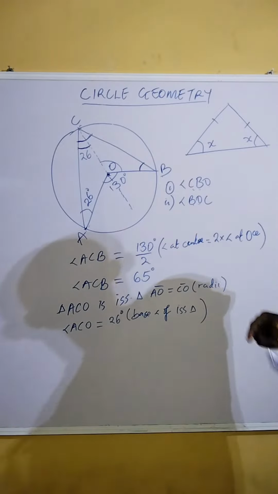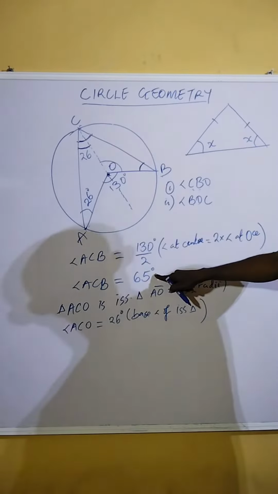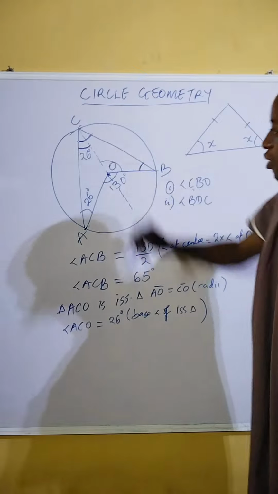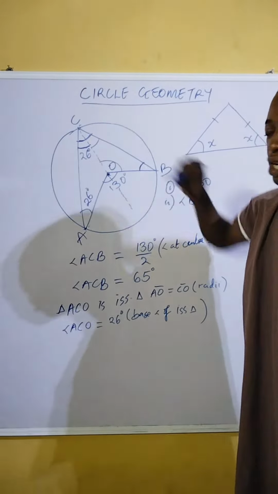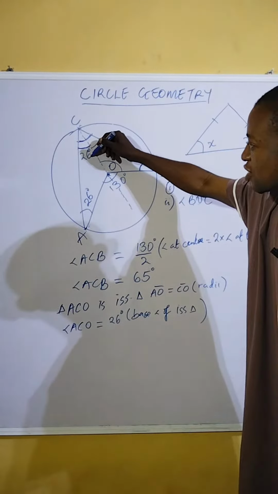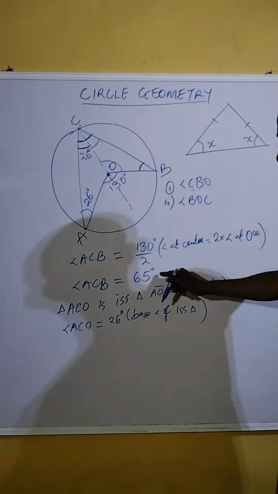Before, we have discovered that all this angle here at the circumference should be 65, right? Now that we have 26 degrees here, we can get the remaining angle here by taking 26 degrees away from everything here, which is 65.